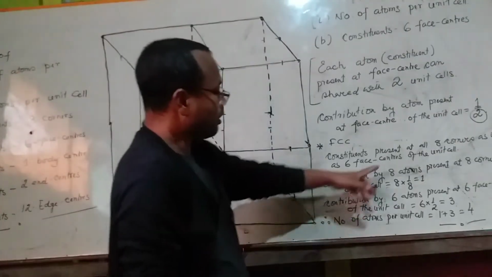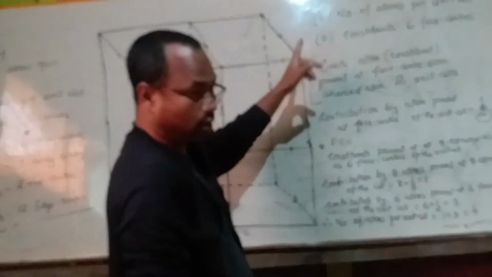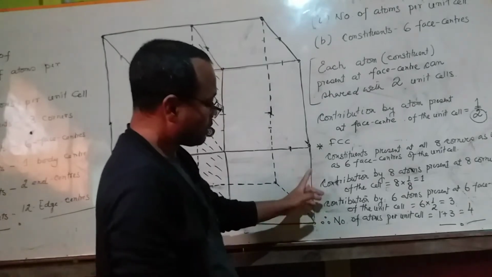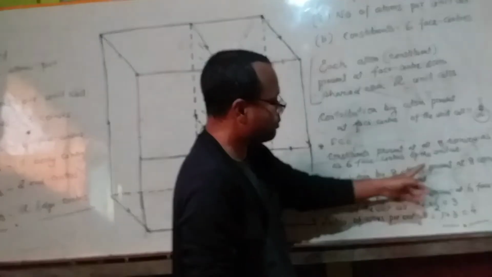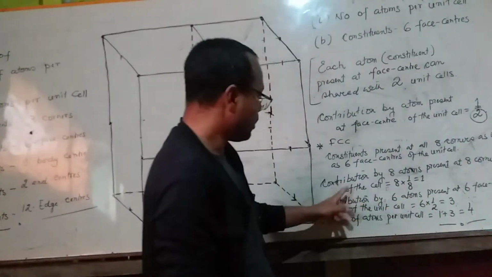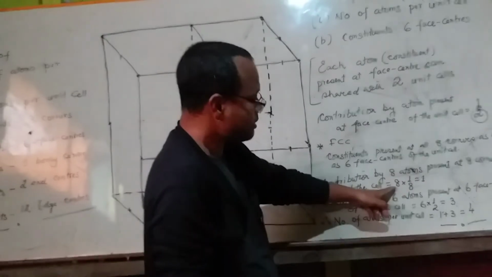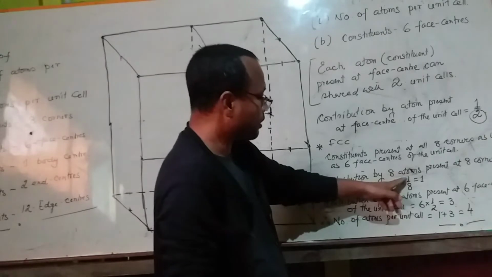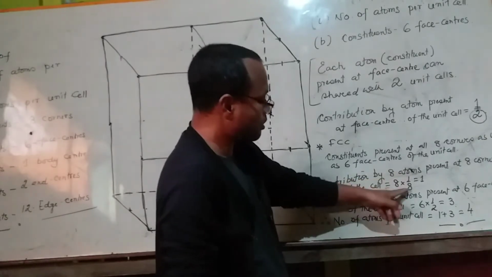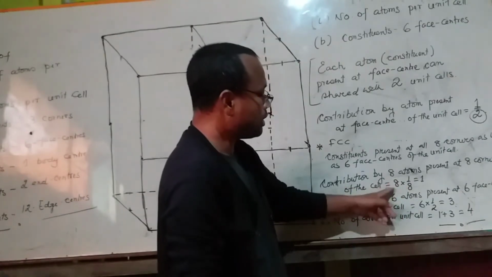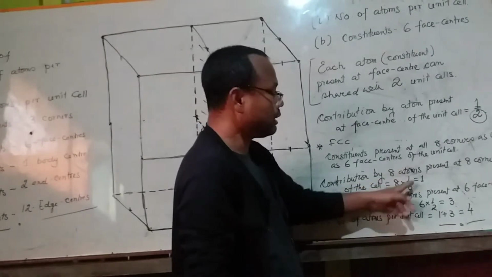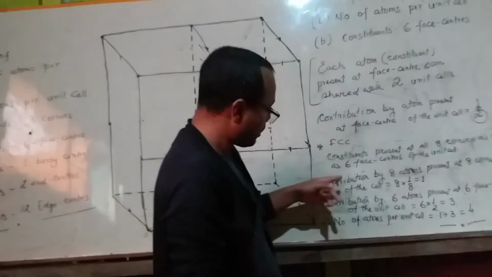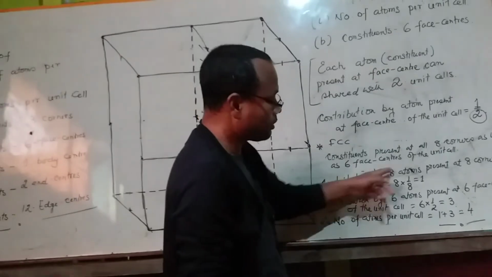See, the corners we already calculated just before this. How did we calculate the contribution by 8 atoms present at the 8 corners of the unit cell? We know 8 is the number of atoms present at the corners, multiplied by 1 by 8, since one of the atoms present at the corner can be shared with 8 unit cells. That is 8 into 1 by 8 is equal to 1. This is the number of atoms per unit cell where the constituents are present at the corner.